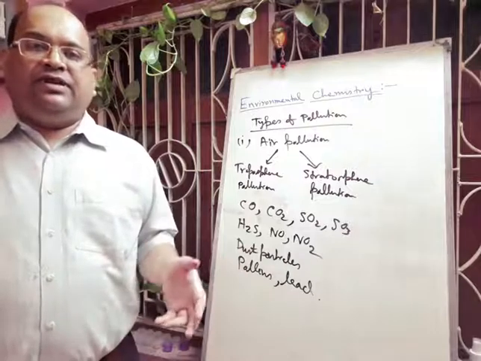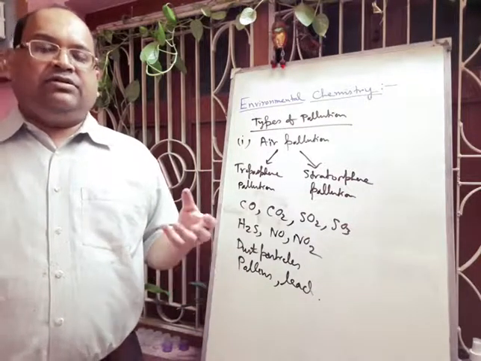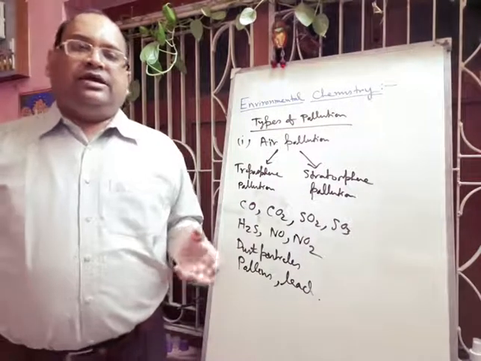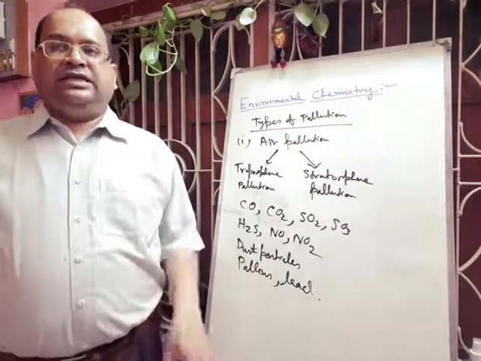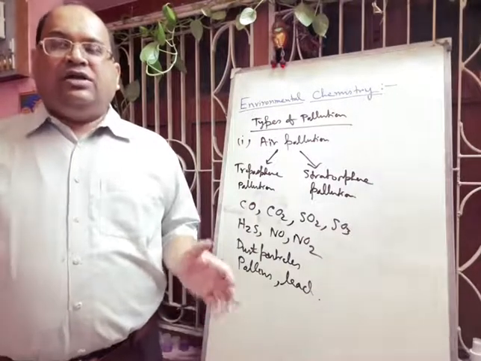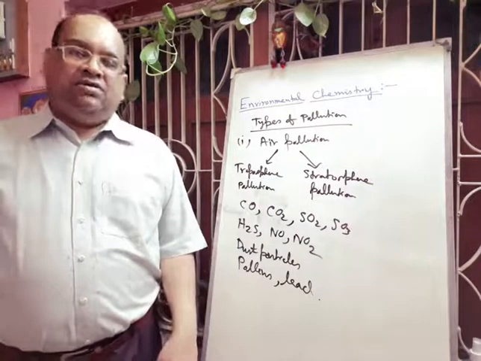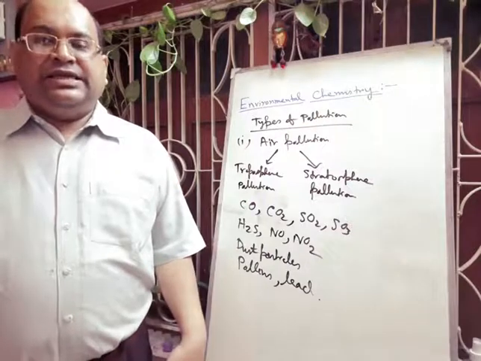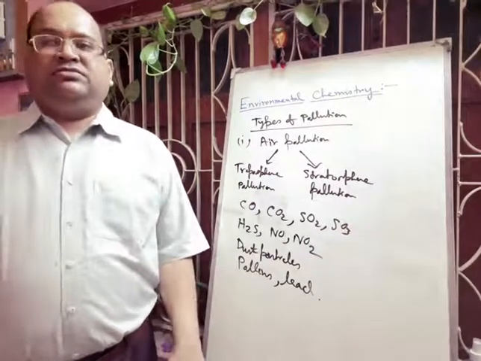When we burn fuel, there will be formation of carbon dioxide, and that will create global warming. Because of global warming, the temperature of the earth increases, and glaciers melt. Carbon dioxide also changes climate conditions by raising the global temperature. It can also cause asphyxiation.